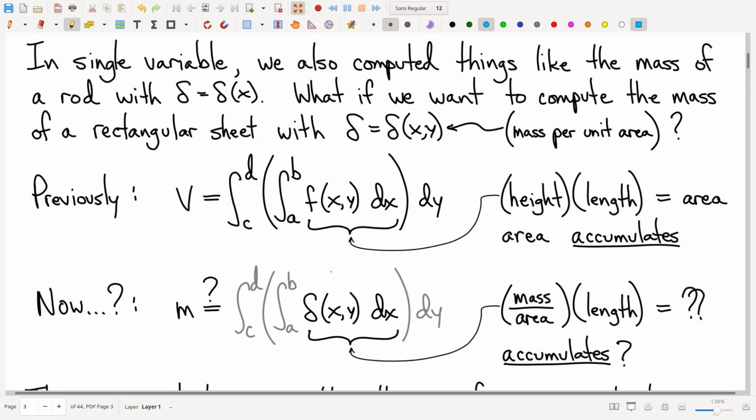Let me point out what the problem is. This right here, when we were computing volume, right? The F represented height. The dx represented length or width or whatever you want to call it. And so, okay, we're interested in computing volume. We have height as our integrand, and well, height times length. Oh, yeah, sweet. Height times length, that's a thing. We already know what that is.